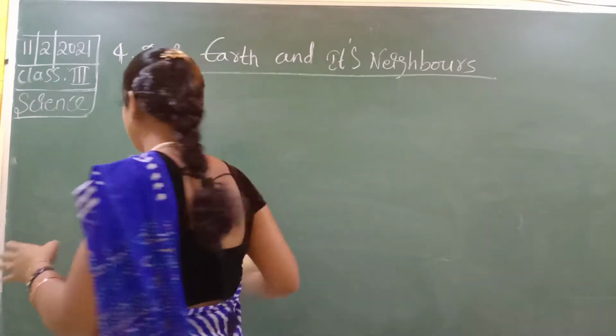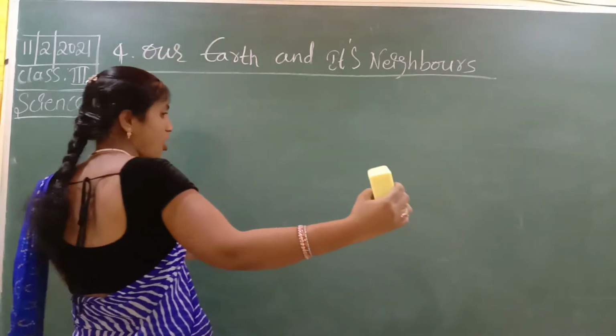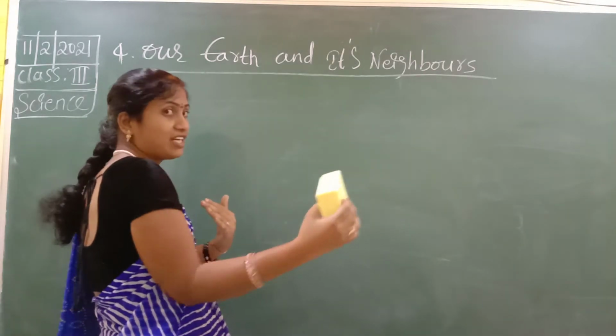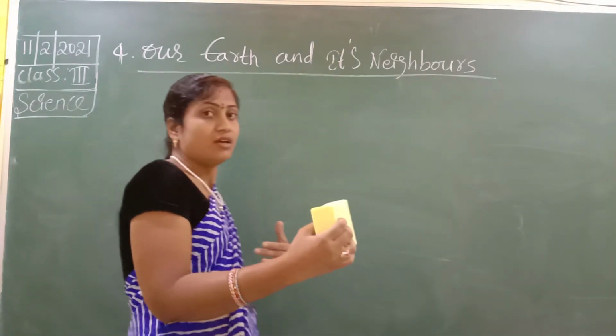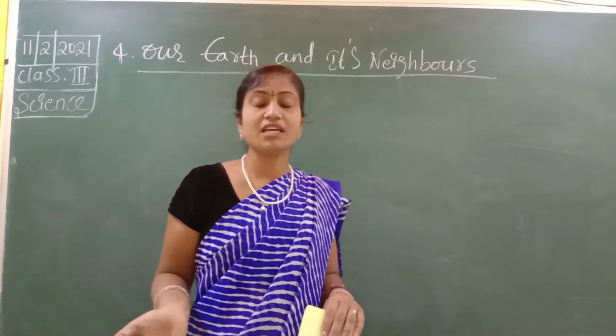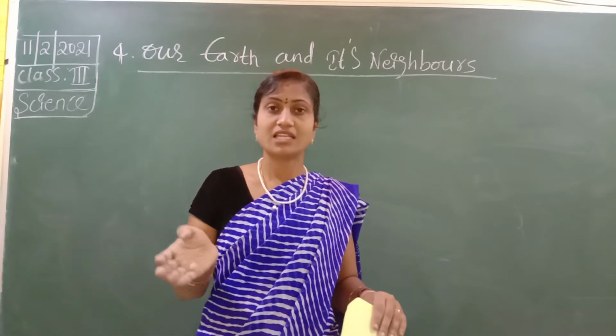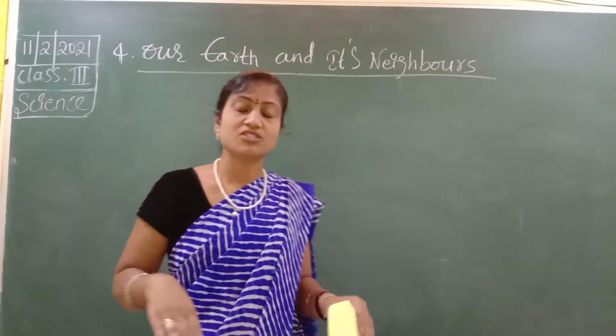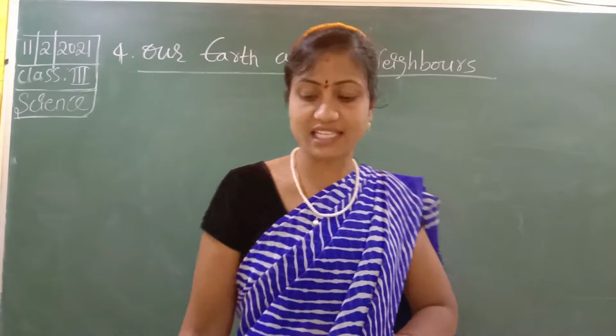So half of the Earth turns, which means light forms on one side only. That is the day. The remaining half of the Earth gets dim. So darkness, that is the night. So day and night are caused like that.